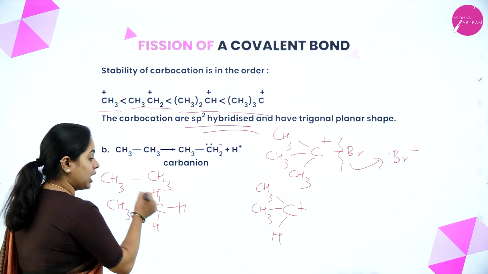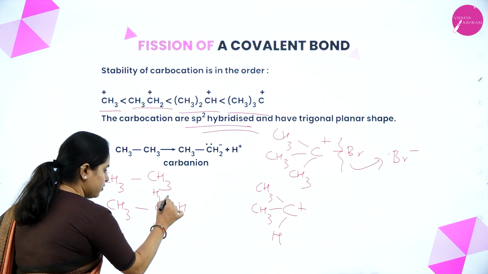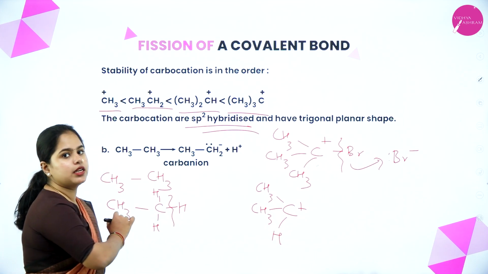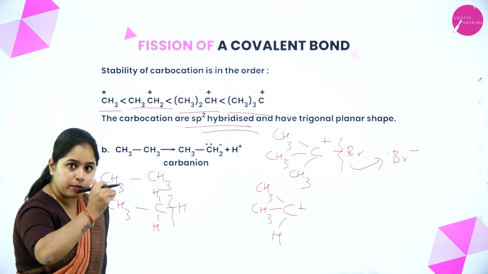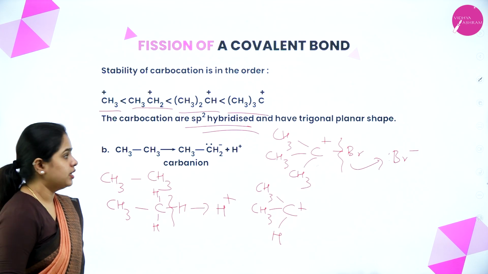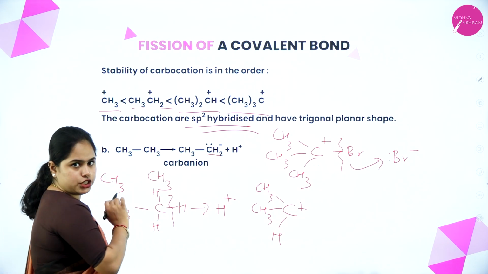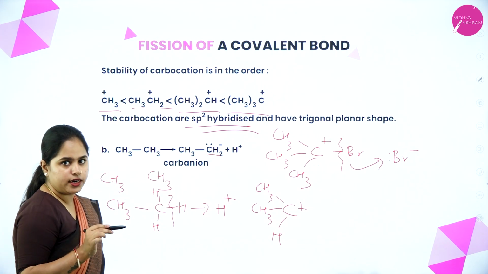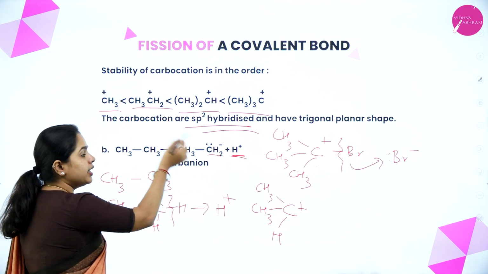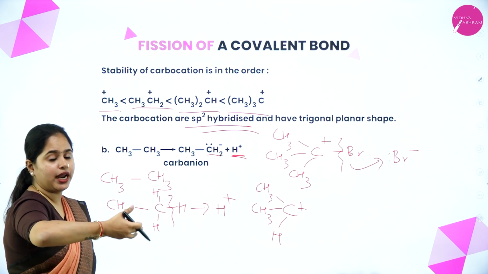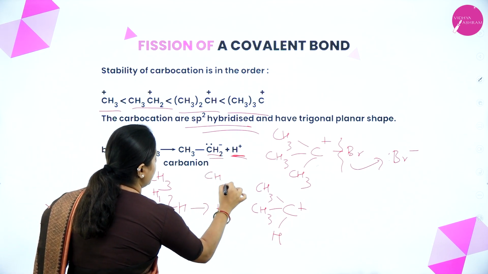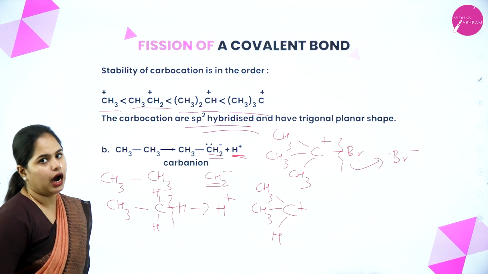So when this carbon-hydrogen bond undergoes heterolytic fission, carbon takes up the 2 electrons, so carbon becomes negatively charged and hydrogen moves out as H plus. So that is what you can see: CH3 CH3, and one C-H bond underwent heterolytic cleavage, H comes out as H plus, and the shared pair of electrons is taken up by the carbon. This CH2 minus which is formed is called the carbanion.